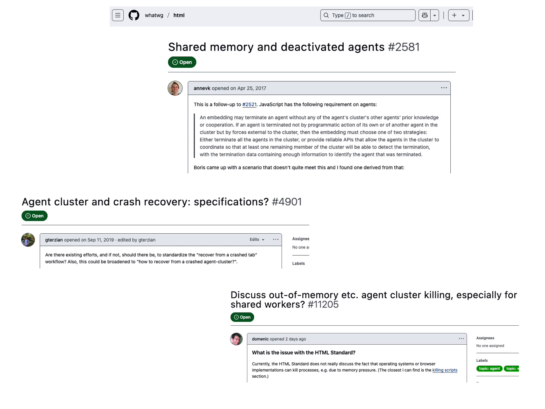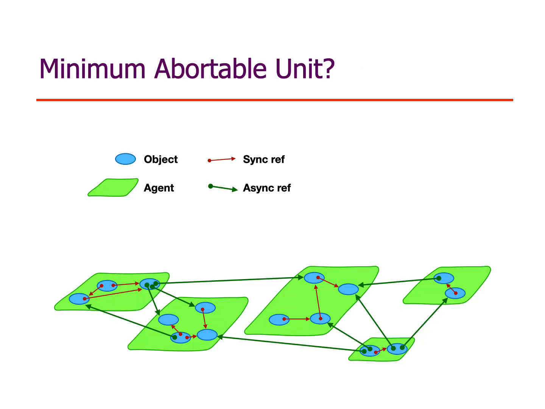So a way to visualize the dilemma is agents. Before the introduction of shared array buffers, the agent was indeed the minimal abortable unit of computation, because objects within an agent were synchronously coupled to each other, and in general, computation within an agent is synchronously coupled.